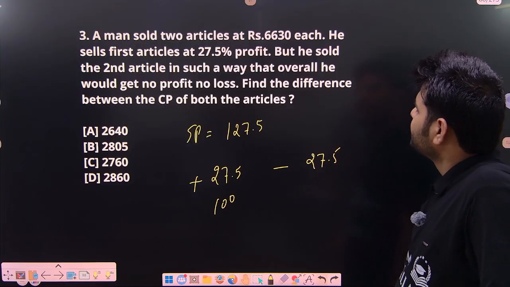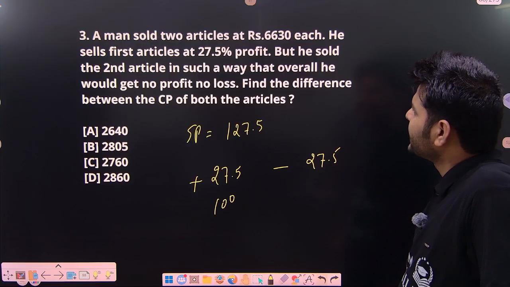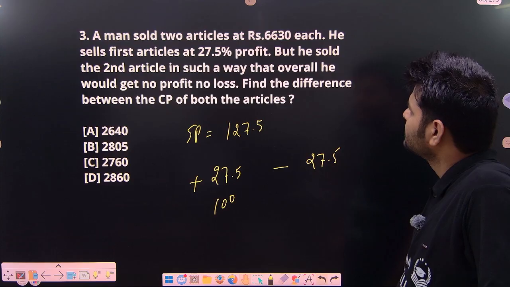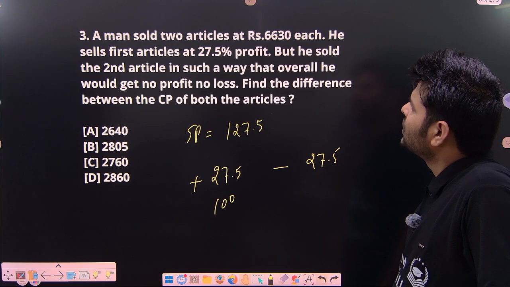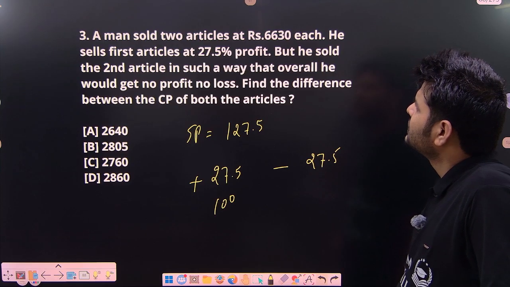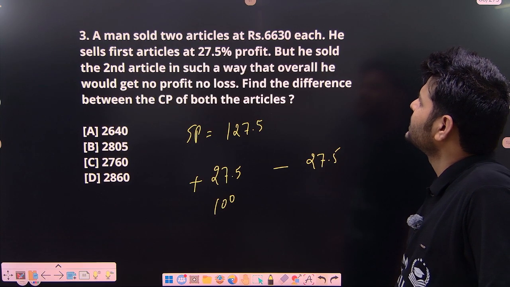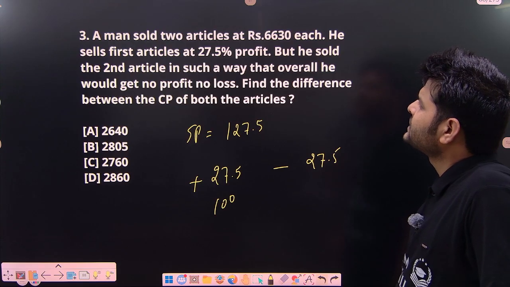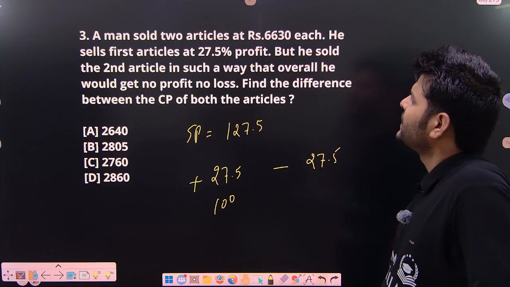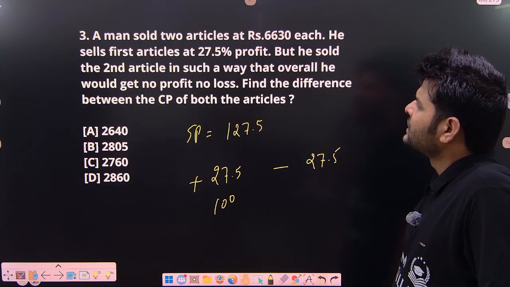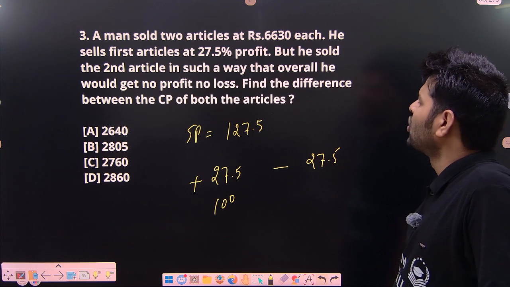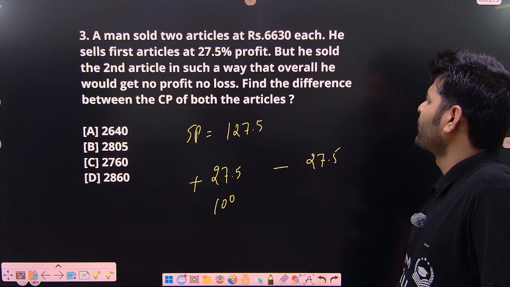So basically, a man sold 2 articles at rupees 6630 each. He sold the first article at 27.5% profit, but he sold the second article in such a way that overall he would get no profit, no loss.